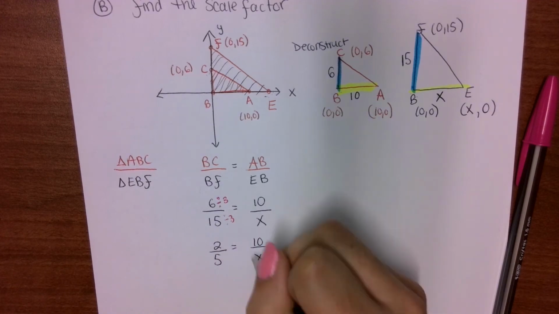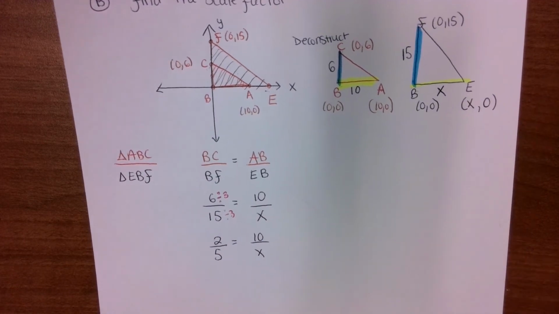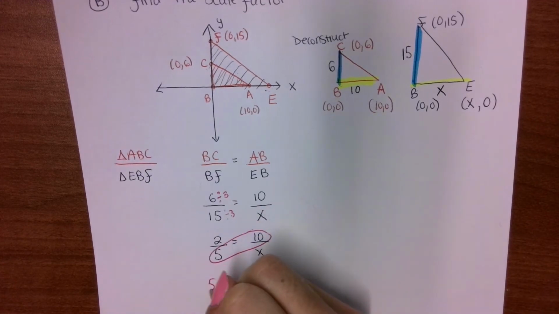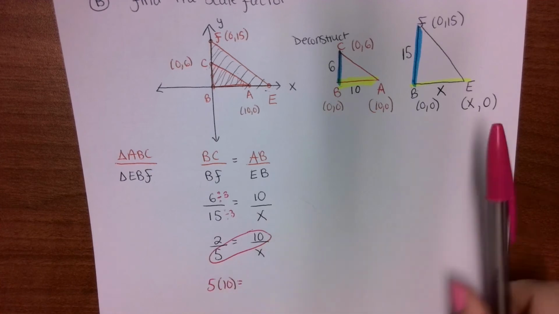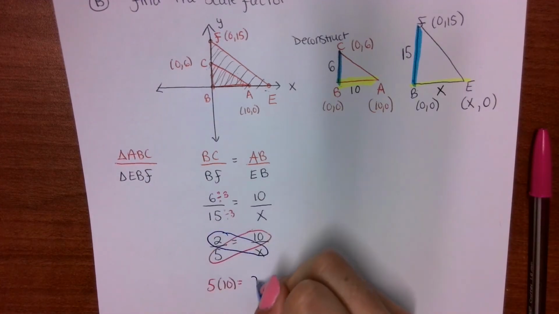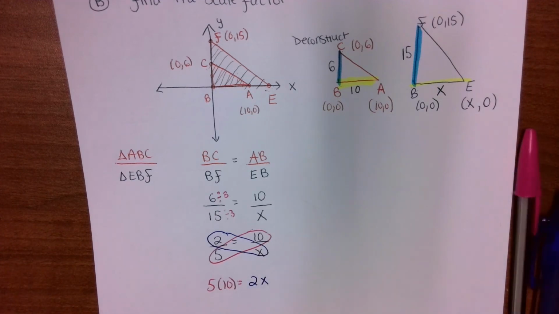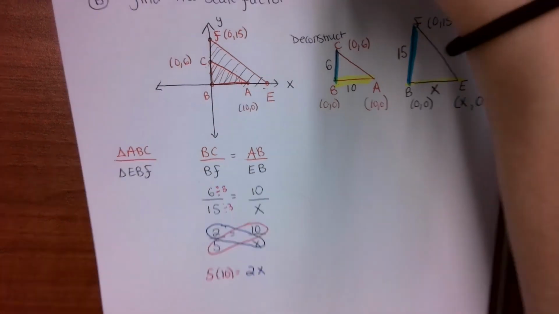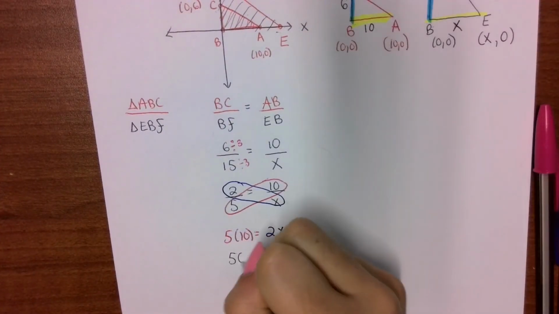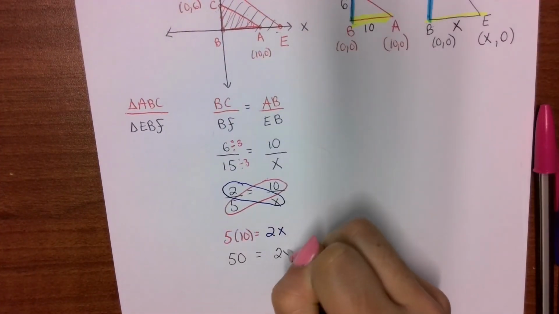I can't reduce this fraction, so I'm going to go ahead and cross multiply. That way I have smaller numbers. I have 5 times 10, and then 2 times x. So I'm going to get 50 equals 2x.